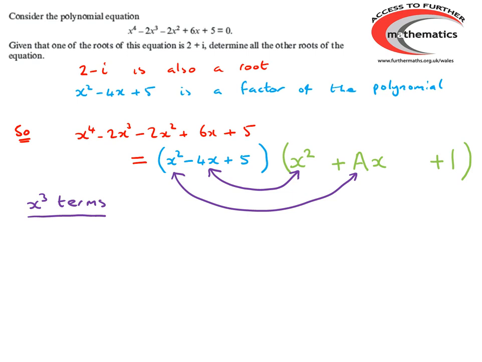Now, on the original polynomial, we have minus 2x cubed. If we multiply out our brackets, the x cubed terms are going to come from x squared times ax, together with minus 4 times x squared. So I want minus 2 to equal a minus 4, which means that a must be 2.